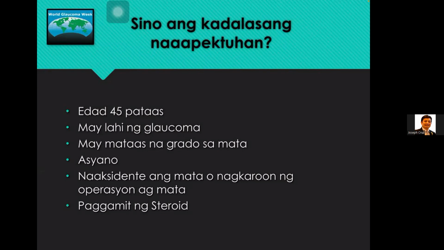Ito po ay madalas ang sinyalis na nagbibigay sa atin ng ideya kung may glaucoma o wala, o kung mataas ang posibilidad na may glaucoma ang isang pasyente ay kung masyadong mataas ang grado sa mata, whether nearsighted or farsighted. Maraming mga Asyano ang napipinsala sa kondisyon na ito.